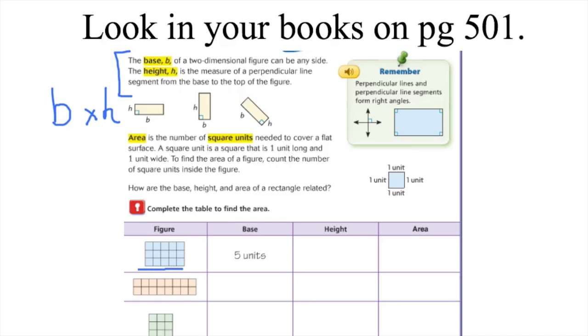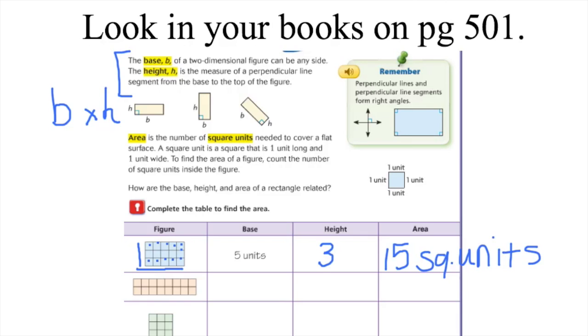Here, I know the base is 5. So the height is here, 3. When I multiply 5 times 3, I get 15. 15 square units. And you can go back and you can count them. 1, 2, 3, 4, 5, 6, 7, 8, 9, 10, 11, 12, 13, 14, 15.